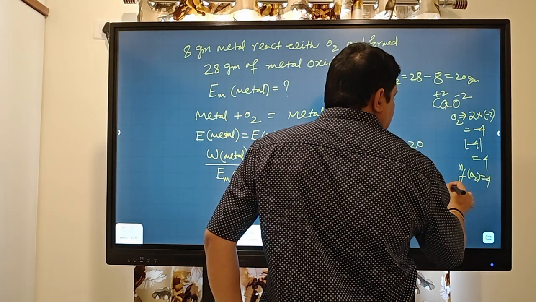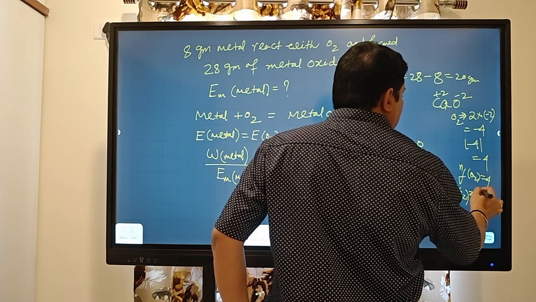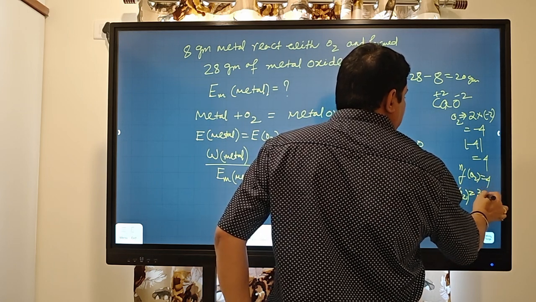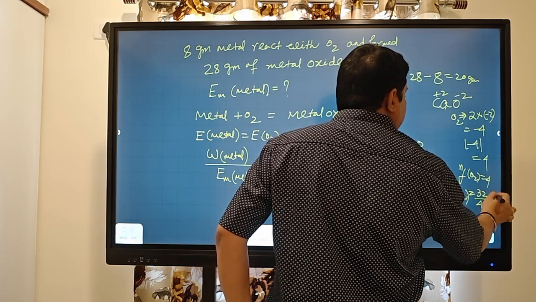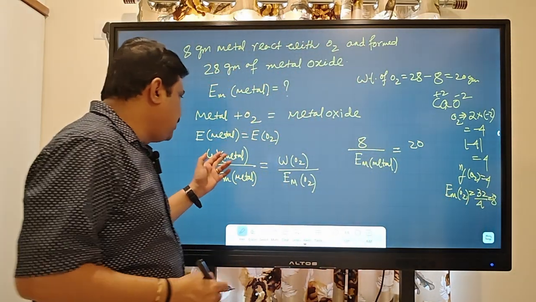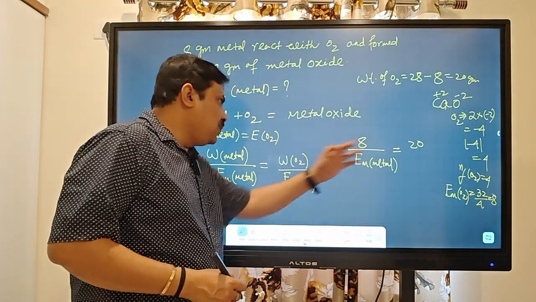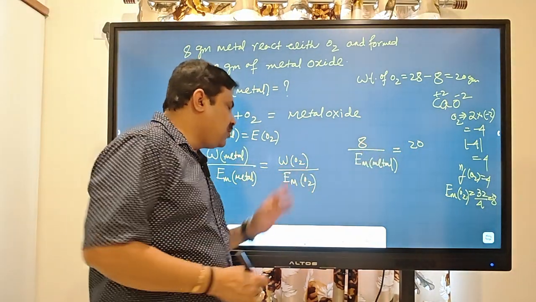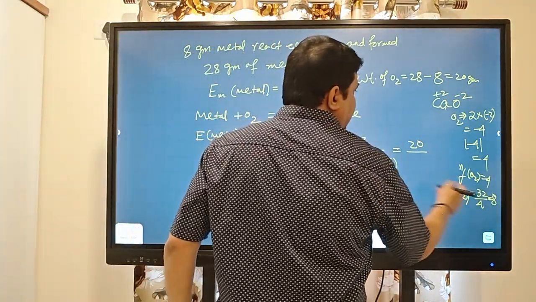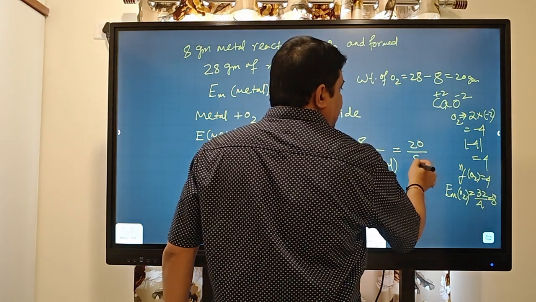Then equivalent mass of oxygen is molar mass by N factor. Molar mass of O2 is 32 by N factor 4, which is 8. So here weight of metal is 8, equivalent mass of metal equals weight of oxygen 20 by equivalent mass of oxygen, which is 32 by 4, which is 8.